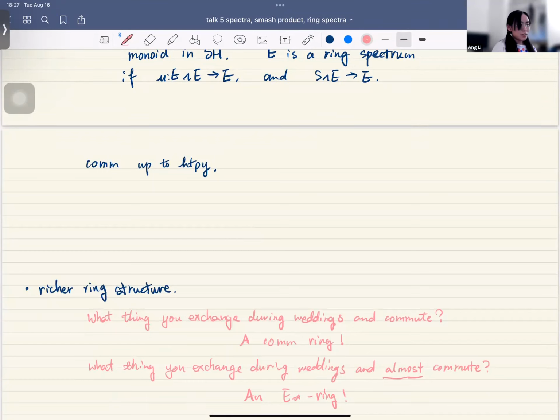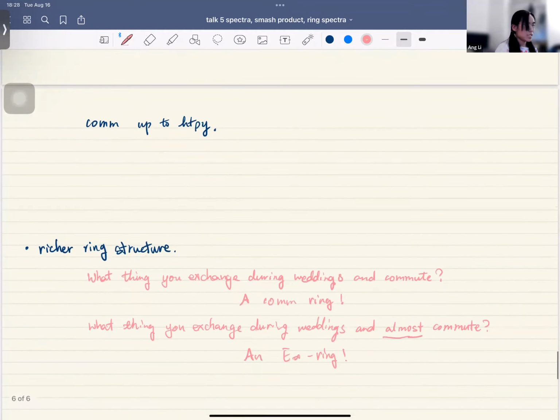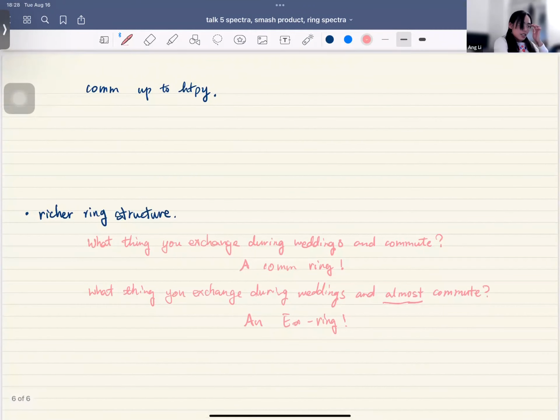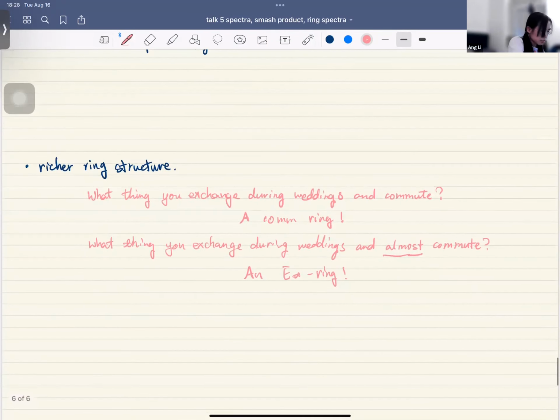Okay, so this E-infinity ring is, let me think of how to make my words make sense. Yeah, so this E-infinity means highly commutative, and you have all the things commutative up to homotopy. And if you have something that is E-infinity, it is guaranteed to be a ring spectrum.